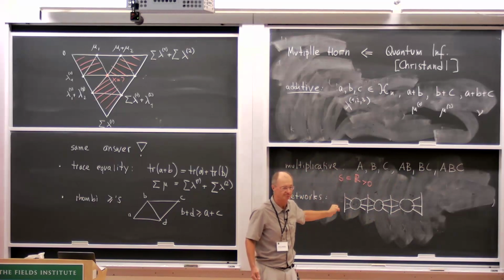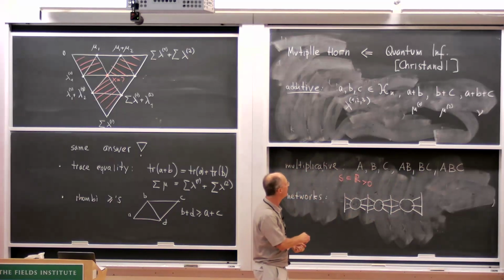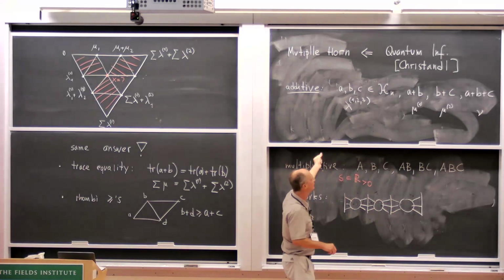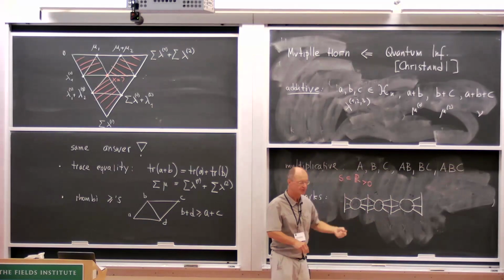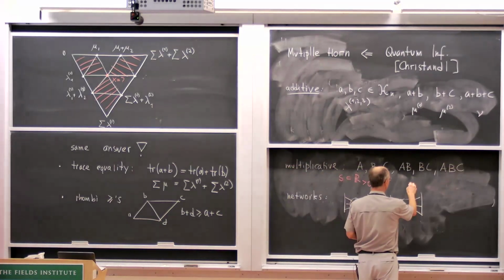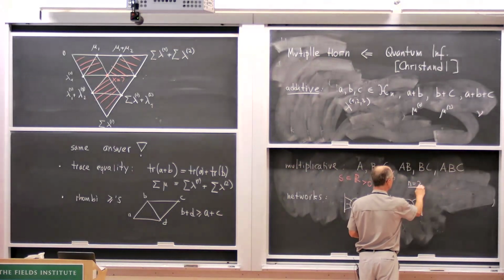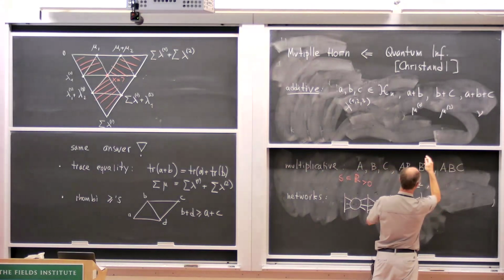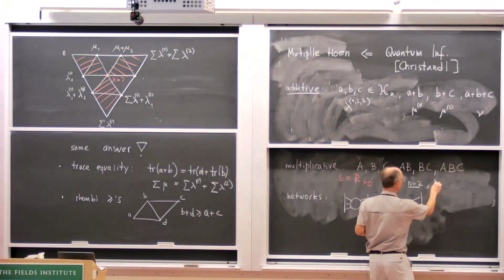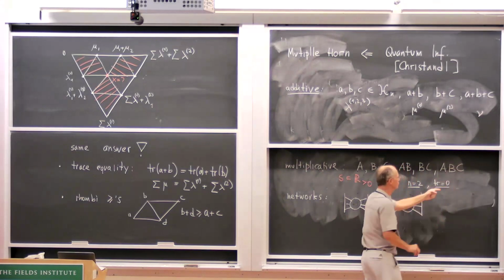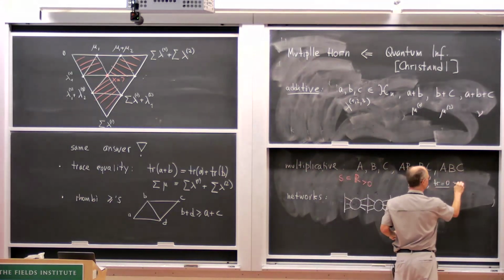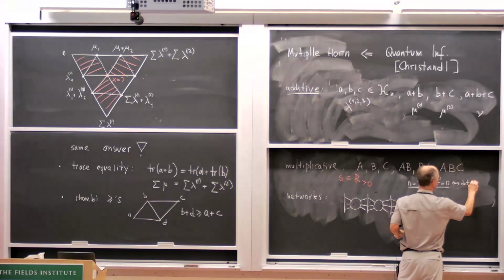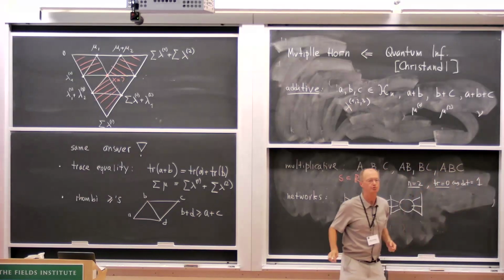So now I'm going to show you a movie about the multiplicative problem in the case of n equal to 2. And let's say in analogy to the additive problem, let me say that traces are equal to 0, which means determinants in the multiplicative problem are equal to 1.